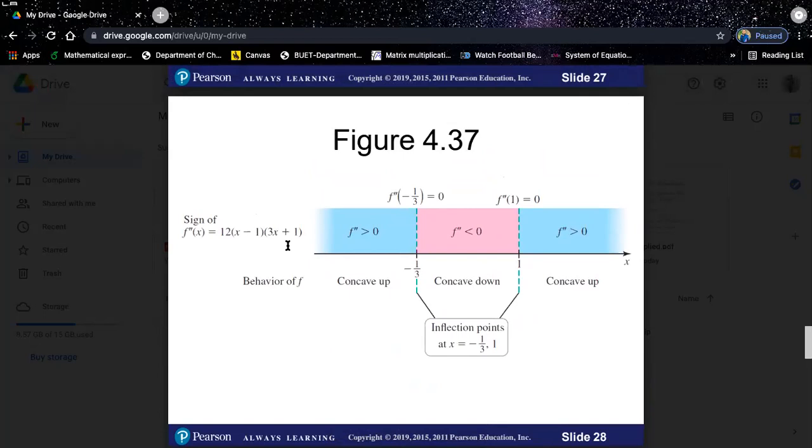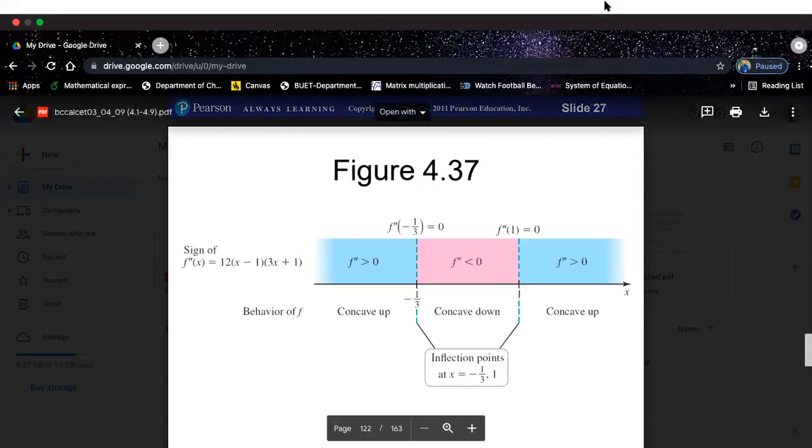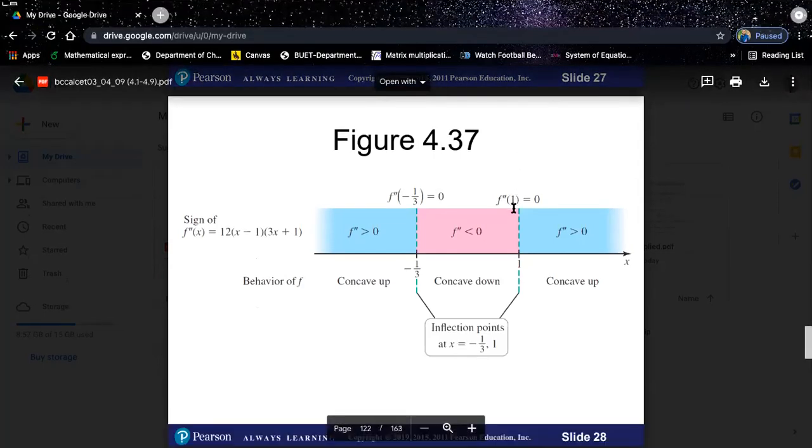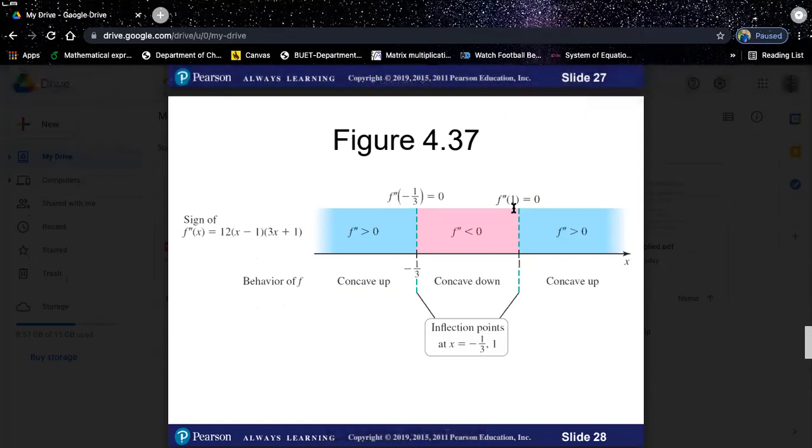Definitely you can find the inflection point, but my question is how to do that. When the second derivative is given, what should we do to find the inflection points? Anyone? You have to do the same thing that we did before, where you set it equal to 0 and then solve for x.